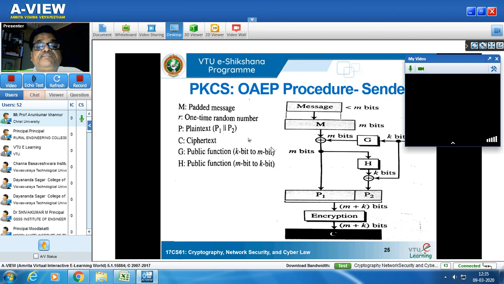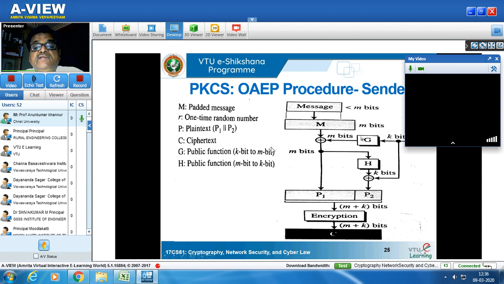So now look at the diagram. First the message comes, then from that message we pick up the block M with M bits, and on this M bit we carry out the function.